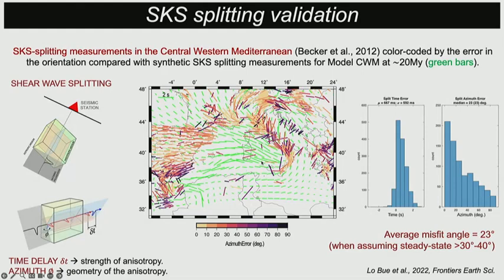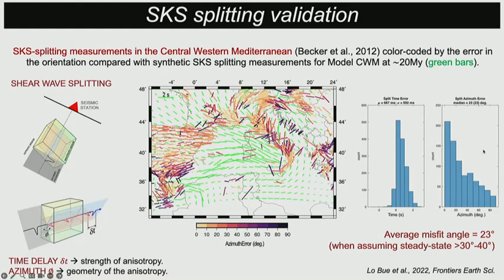So anyway, you can see that in some areas the fit is quite good, while in some areas, especially subduction areas close to the boundaries of our model, the fit is not that good. The problem is that the model that we have has closed vertical lateral boundaries, and so when you get close to these boundaries, there is interaction of the flow with the boundaries. So of course there are some problems here.